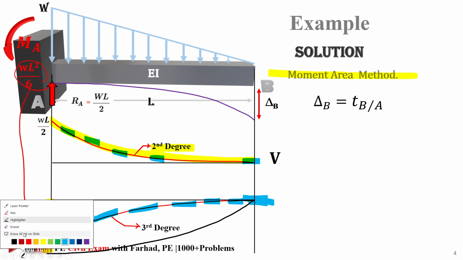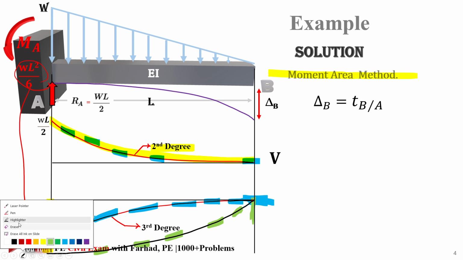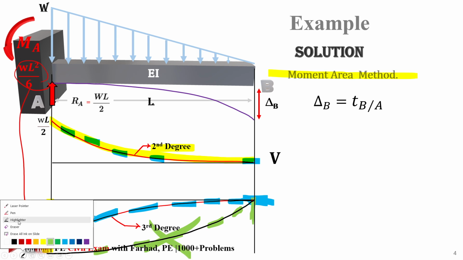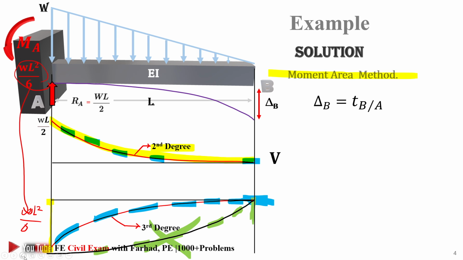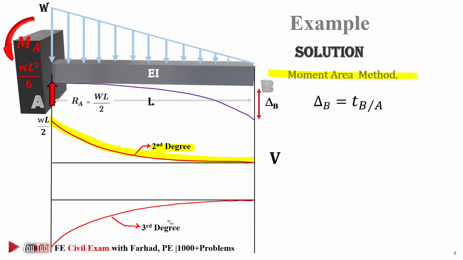But the bottom diagram says the slope of moment is increasing and it's not zero. It's a vertical line at B, so that's not the correct form of moment. So the correct answer is this diagram.